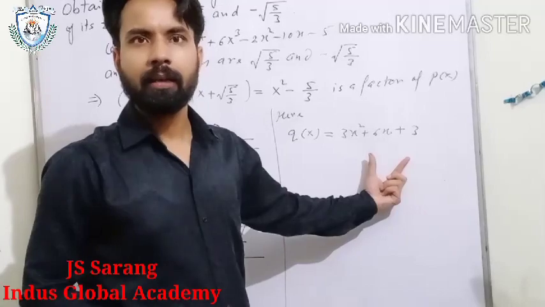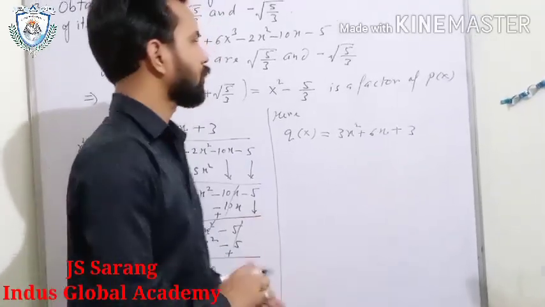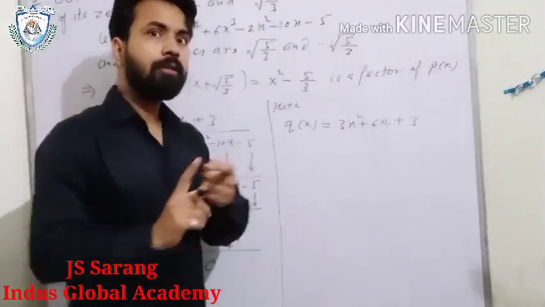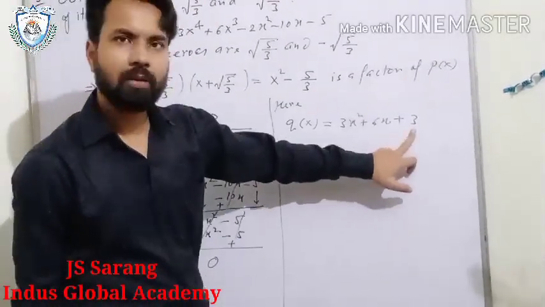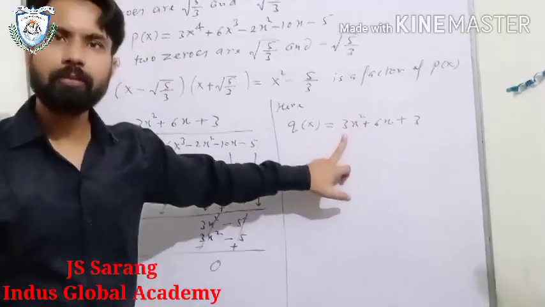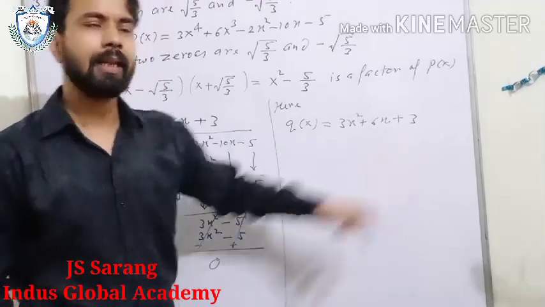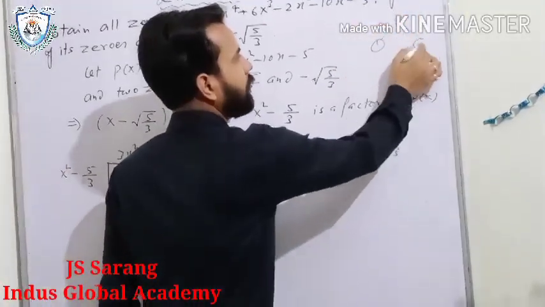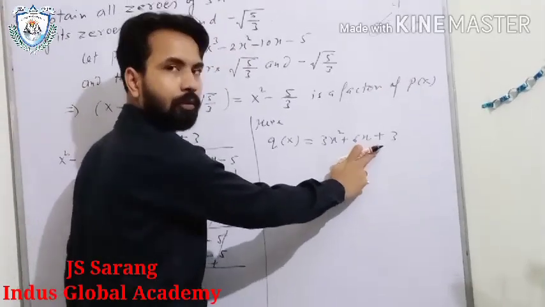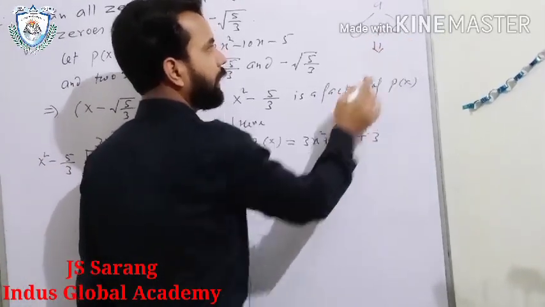A quadratic polynomial can be factorized by splitting the middle term. So, what was the very first step of splitting the middle term? We will multiply the constant term by the coefficient of x square. So 3 into 3, that is 9. Now we will break 9 into two factors whose sum, note the sign, that is plus, gives the coefficient of the middle term.